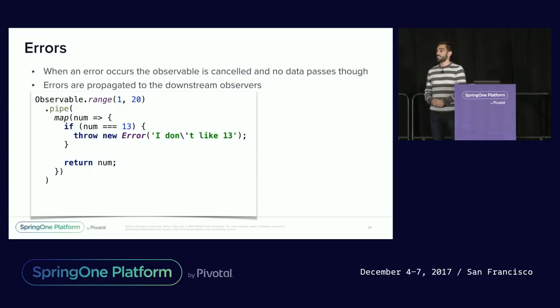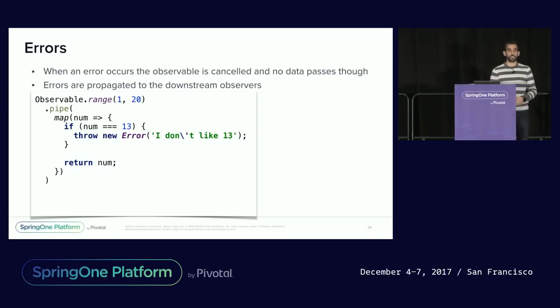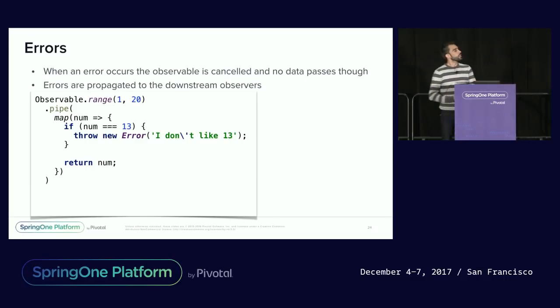So we've always been in the happy case scenario, but we don't live in a perfect world, right? These observables might throw exceptions, so you might want to deal with those exceptions. In this example, we create an observable of a range of 20 numbers, starting with 1.